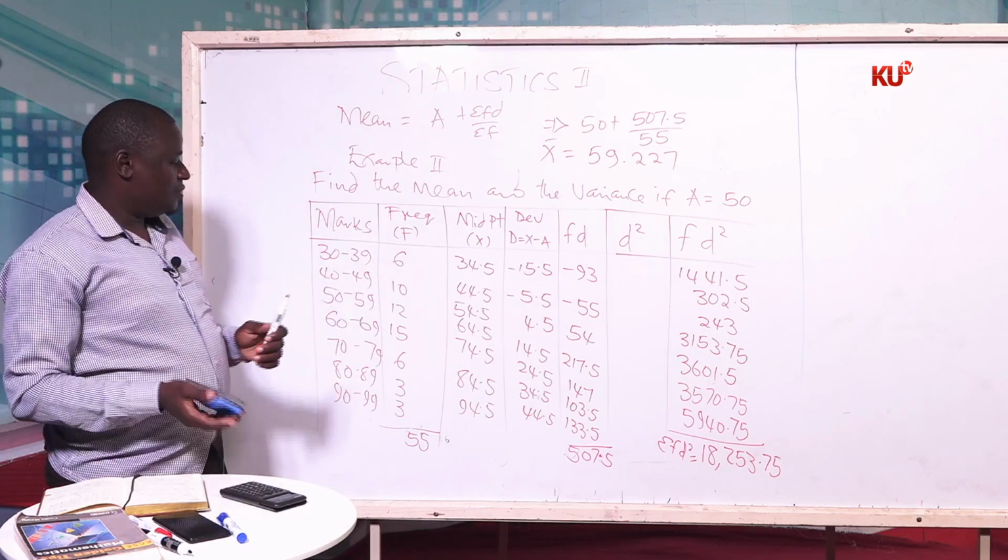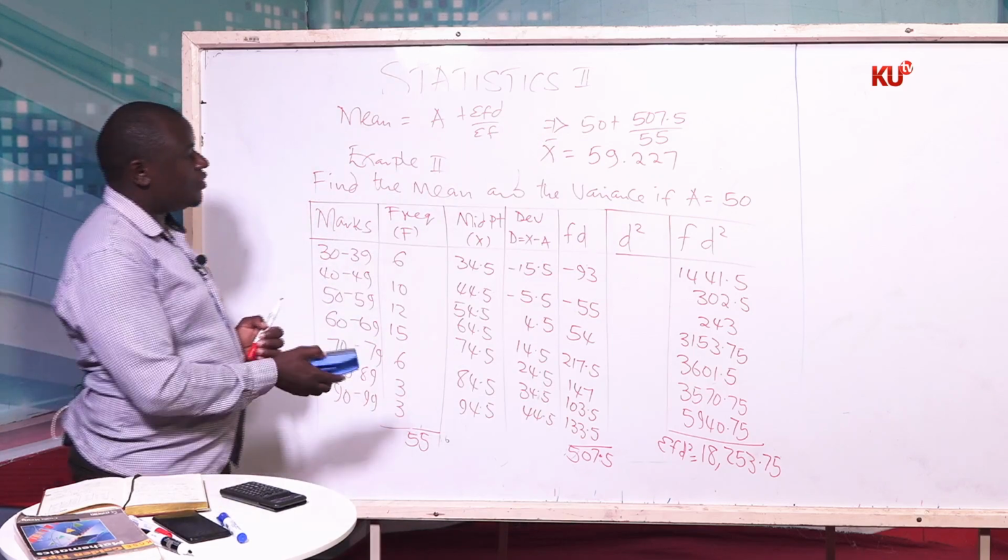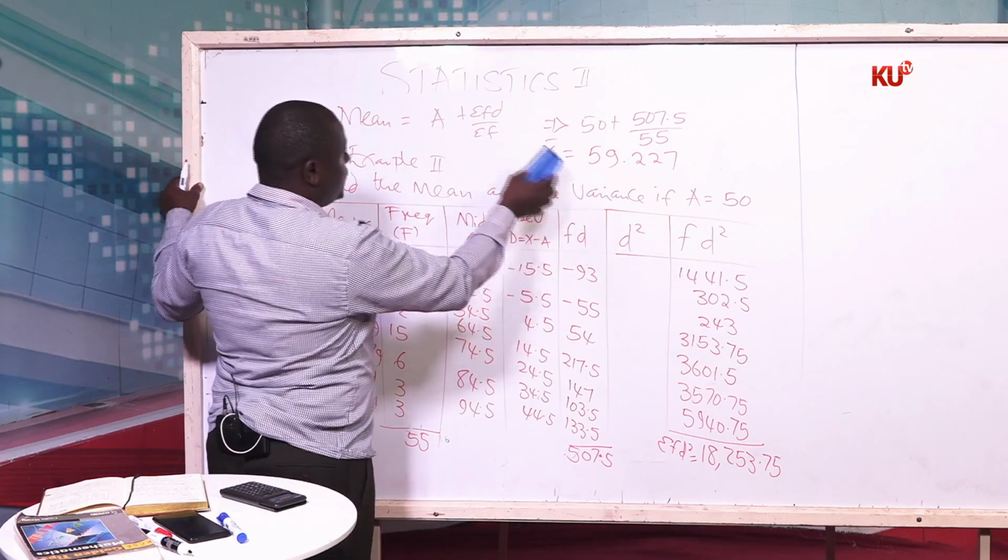Now variance, because we have already filled in all these columns. Hope you've noted that.